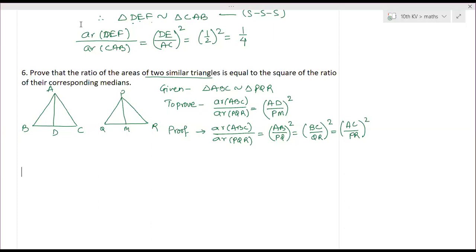So if we take this proof as the first equation, then from the first and the second equation, AB by PQ we can replace in terms of AD by PM. Very good. But now our challenge is how to prove them similar. Anyone can tell me? Akshaya, can you try how to prove that ABD and PQM are similar?